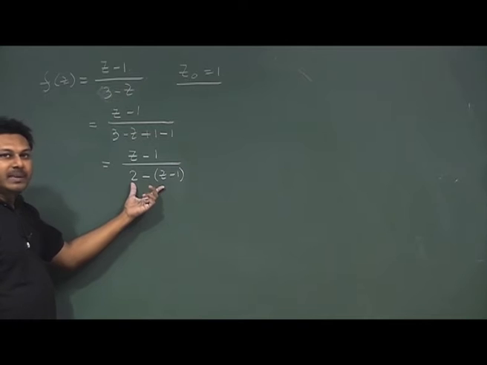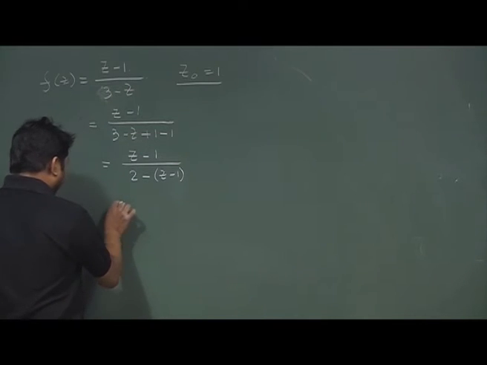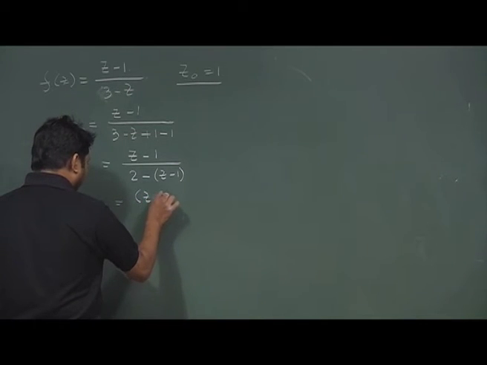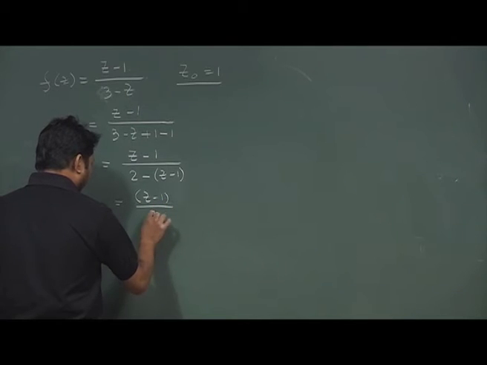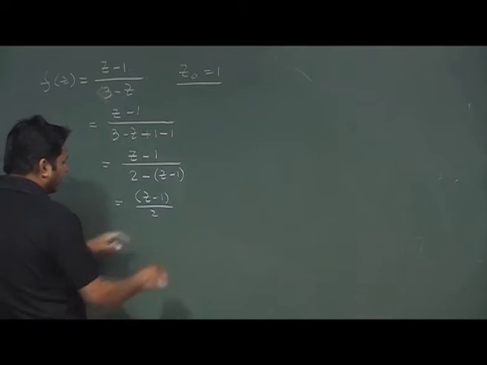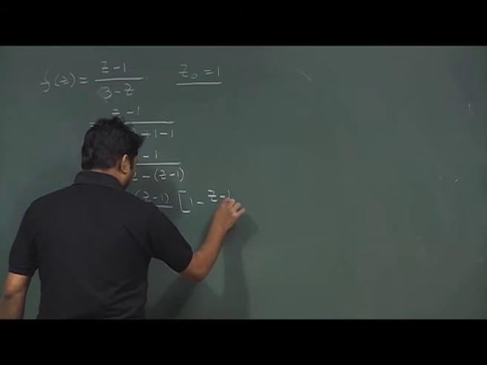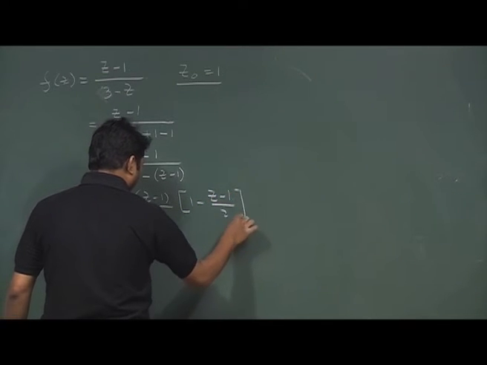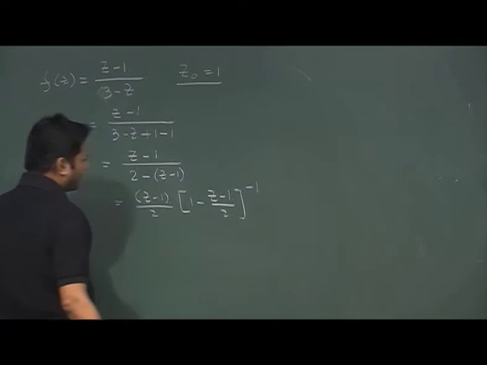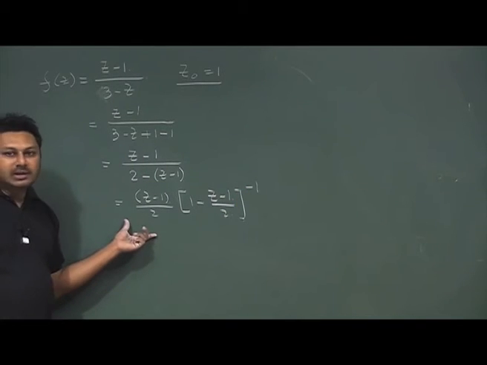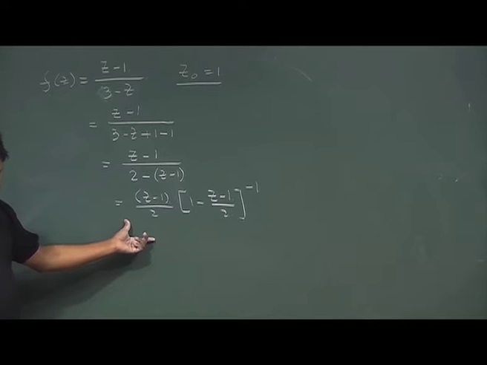So, now I expand in this way. Here z minus 1 is there, 2 is here. If I take these 2 common, then it will be 1 minus (z minus 1) by 2, whole to the power minus 1. The expansion will slightly change and it will be something like this.